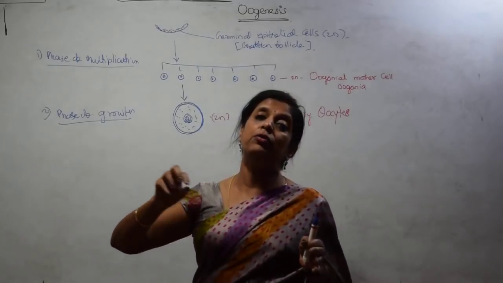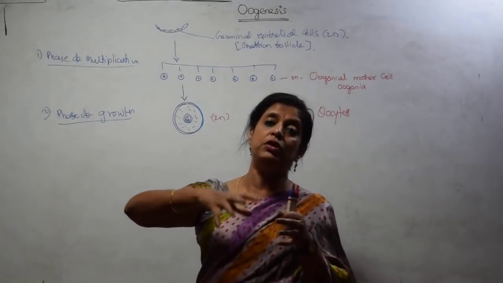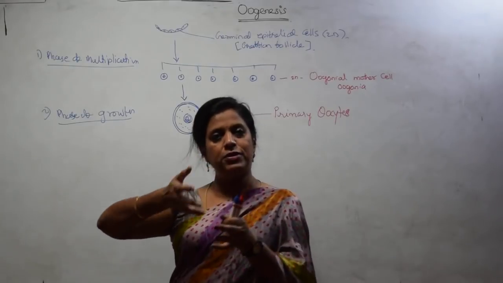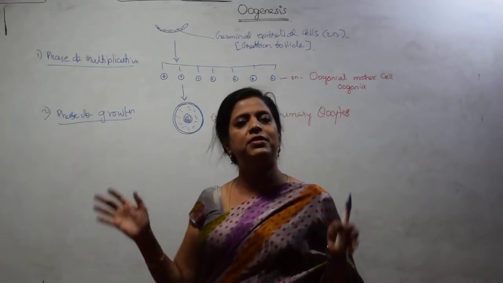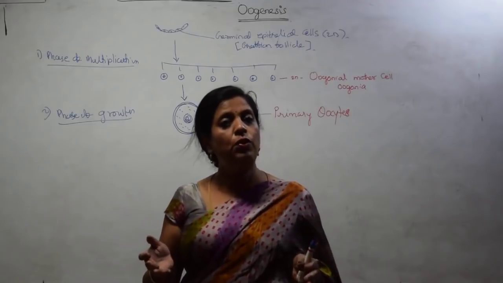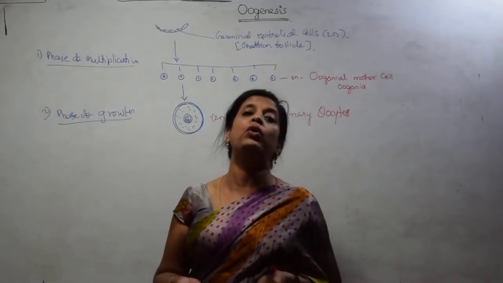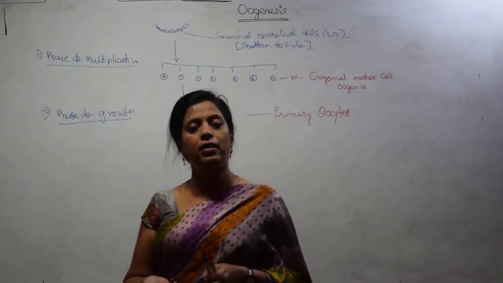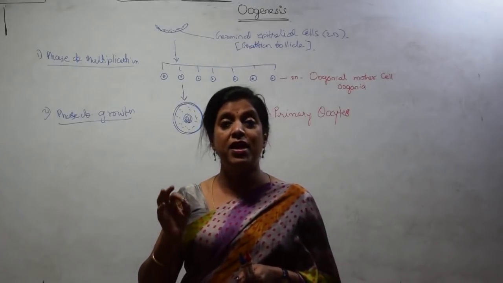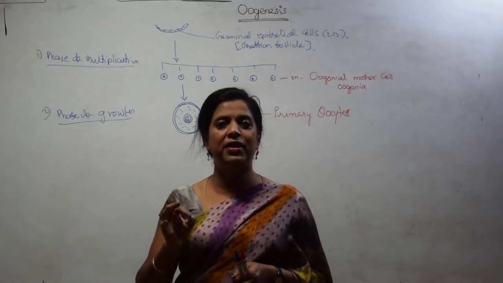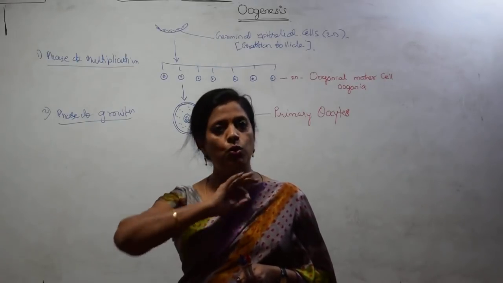The placenta is connected to the fetus, and whatever nutrients the mother's blood has are transported across the placenta to the fetus, and the fetus is nourished. So there is no need for the egg to have yolk in humans. Therefore, in human egg, there is no yolk. Such an egg is called an alecithal egg. Alecithal is the egg containing no yolk.